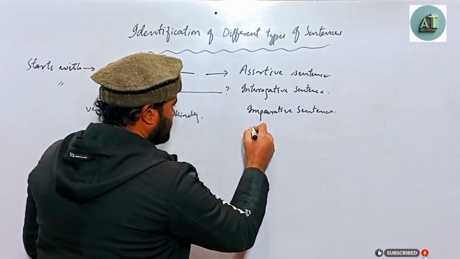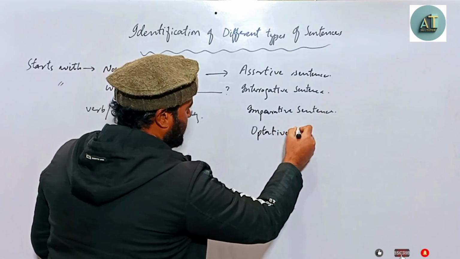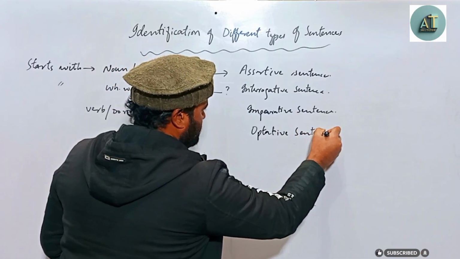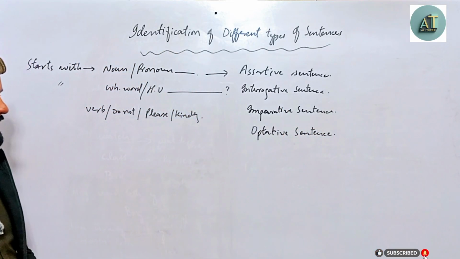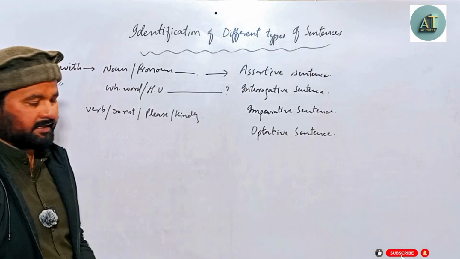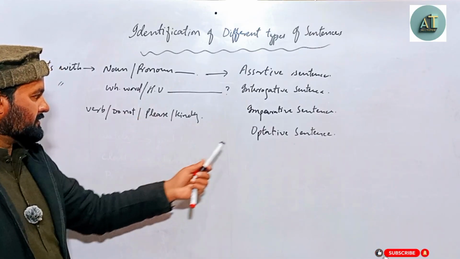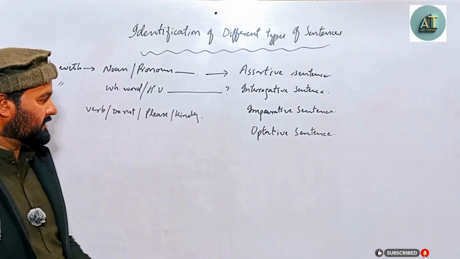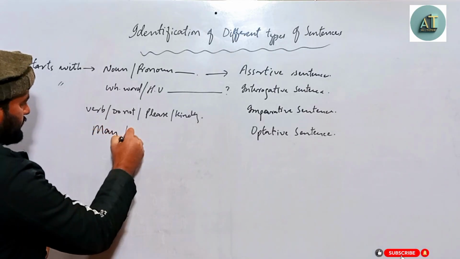The next is the optative sentence. So what is the identification of an optative sentence? This is not so difficult to identify. Like the other ones, an optative sentence starts with may or would that.